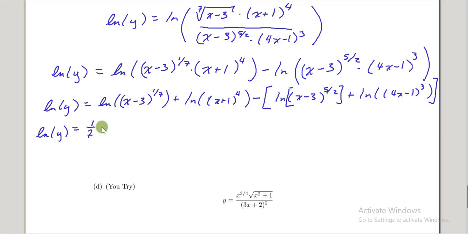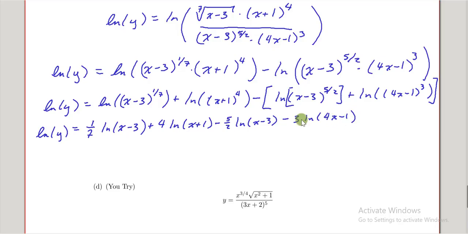So I can write that as 1/7 times the natural log of x minus 3 plus 4 times the natural log of x plus 1. And I'm going to do two things here. I'm going to pull these powers out of their logarithms. I'm also going to distribute this minus sign through. So I get minus 5/2 times the natural log of x minus 3 minus 3 times the natural log of 4x minus 1.